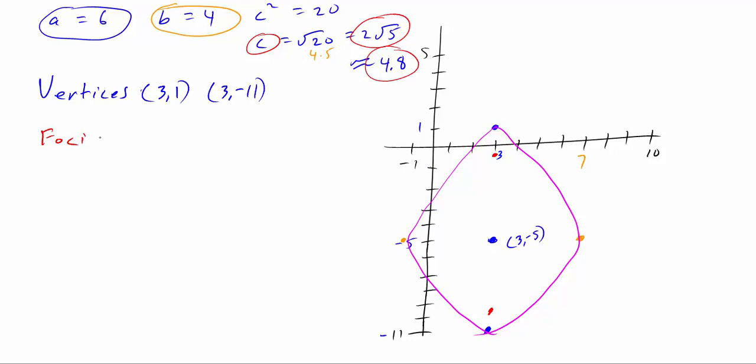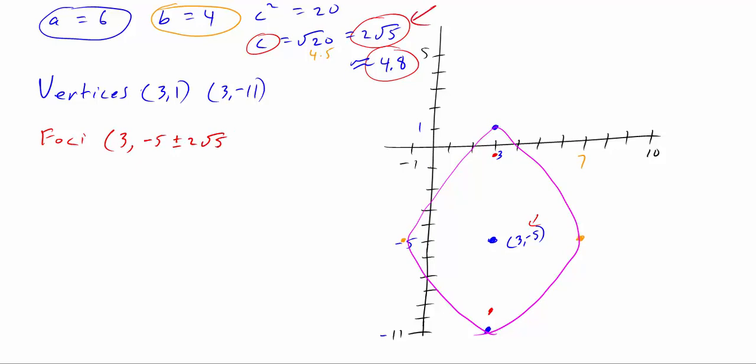And if we want to use the exact value, we could label that as x is 3, and what you may see actually listed as a multiple choice, or if you're looking in your book, you may see them just write, here's your x coordinate, and here we have our y coordinate -5, and we need to add on and subtract 2 square root of 5.